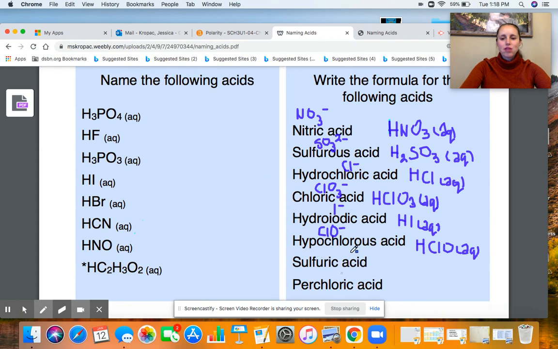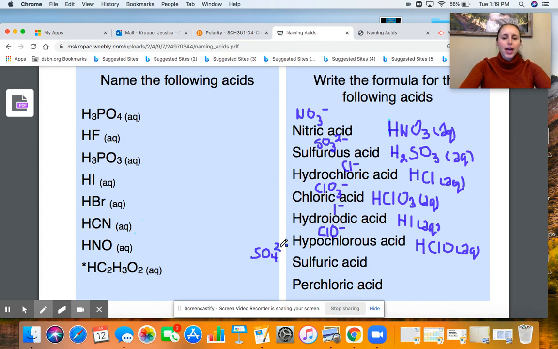Second last, sulfuric acid. So we don't have a hydro in front. We know it's an oxo acid. So I'm looking for something that has the root sulf and then something that's got the ending -ate. So I'm looking for sulfate. If I take a look at what sulfate is in terms of the polyatomic ion, it's SO4, and it's got a charge of 2 negative.